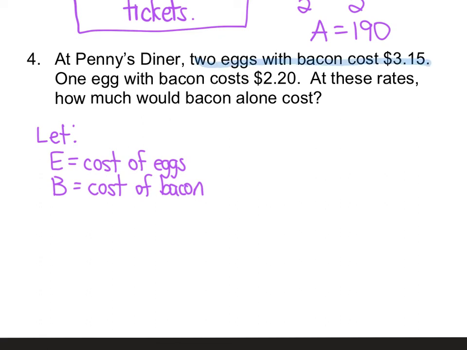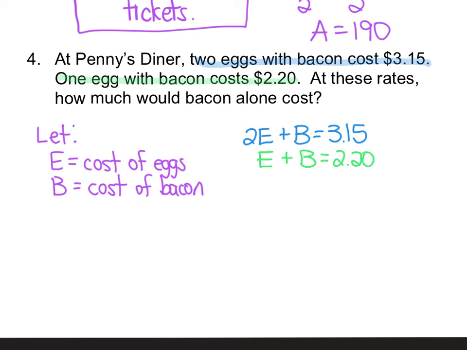So that is 2 eggs with just 1 bacon is going to cost us $3.15. We can also see in the second sentence, 1 egg and 1 bacon is $2.20. So an egg plus a bacon equals $2.20.